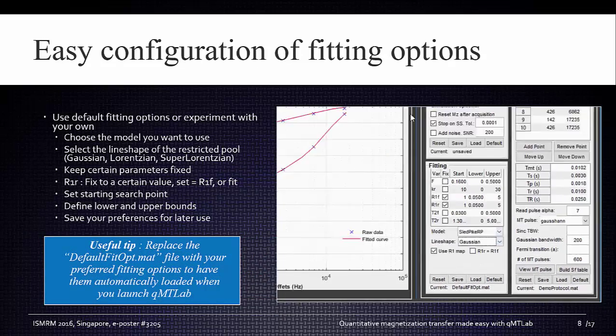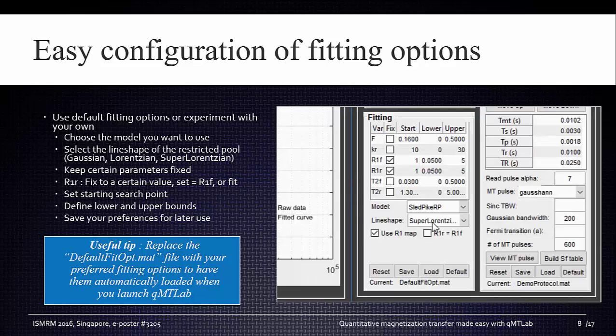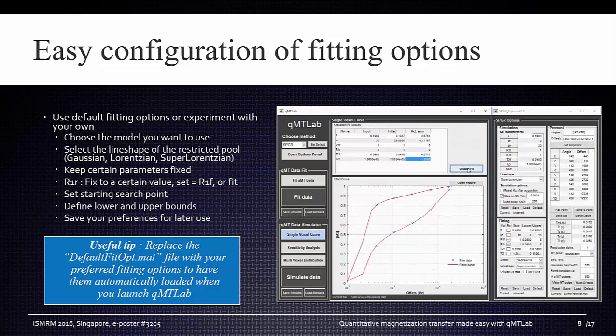Once you have your protocol set, you can also use qMTLab to define your preferred fitting options. By default, the fitting options should be fine for most users, but should you want to play around with them and try different fitting parameters, you can easily use the interface to change them.